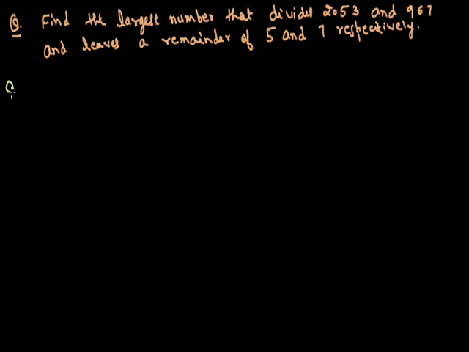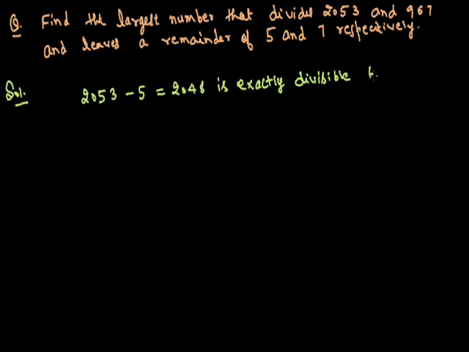Now solution. It is given that on dividing 2053 by the required number, there is a remainder of 5. This means that 2053 minus 5, which is equal to 2048, is exactly divisible by the required number.